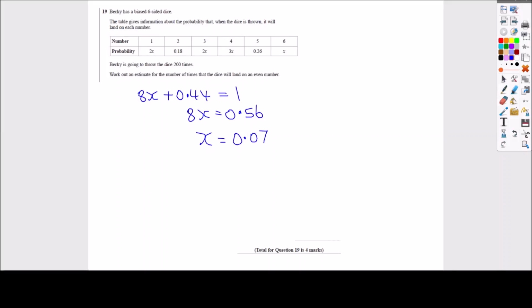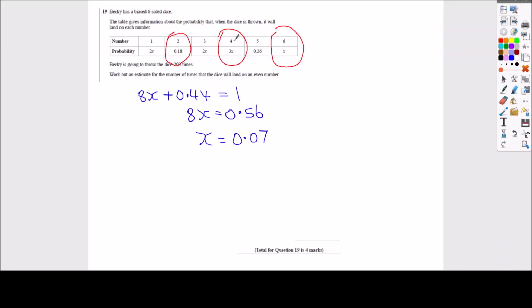So we can now go and work out any of the missing probabilities. Now we're being asked to work out the number of times that the dice will land on an even number. So we need to just focus on all the even numbers, which are obviously 2 and 4 and 6. Now the probability of a 2 is 0.18.